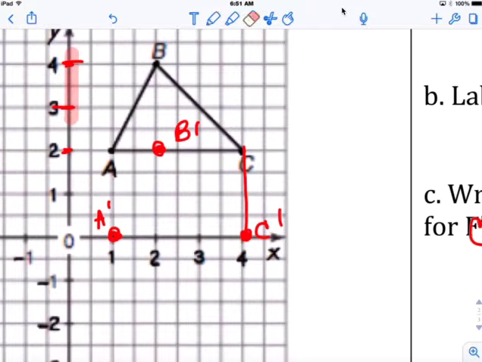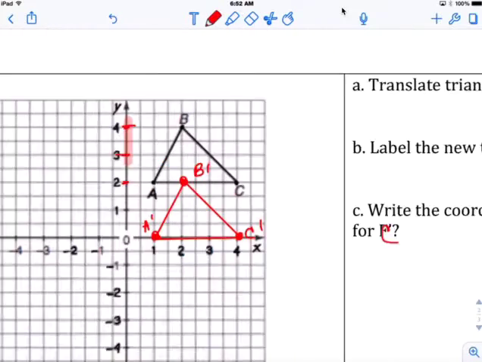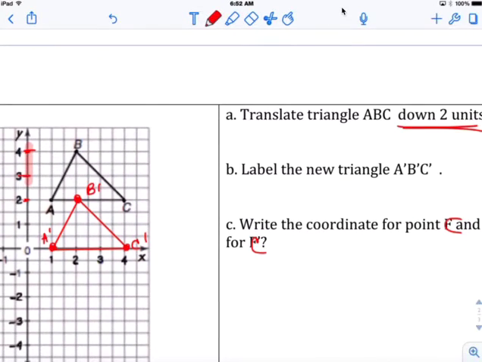C prime. There we go. Label the new triangle A prime, B prime, C prime. This little thing is called a prime, okay? That's its image. Write the coordinates for point C. C is this coordinate, I'll use a different color, purple.